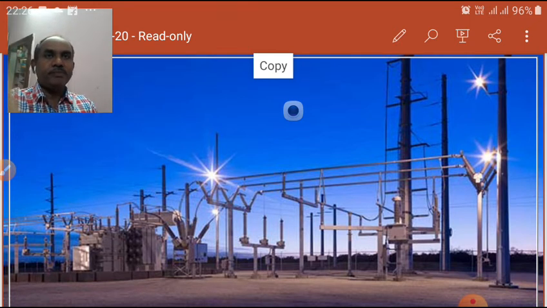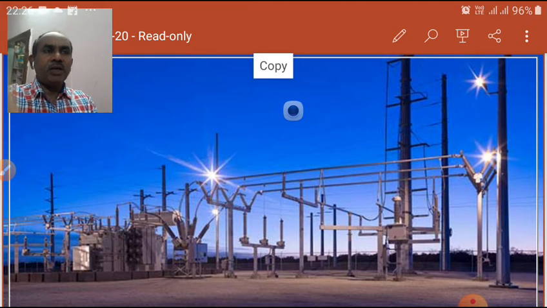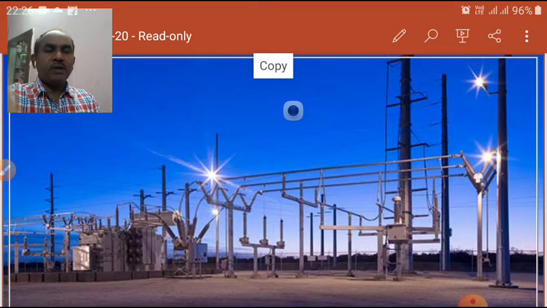At the same time, we also saw the lowest range secondary distribution system, that is the 400 volts line.